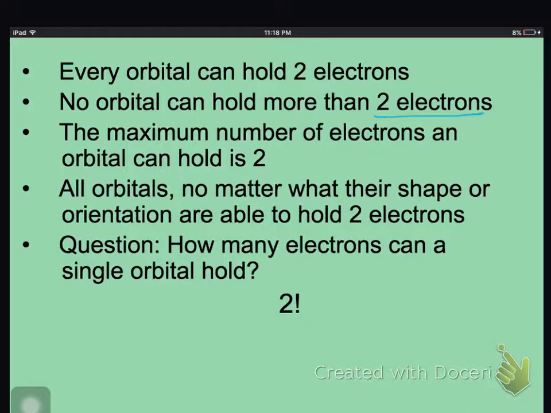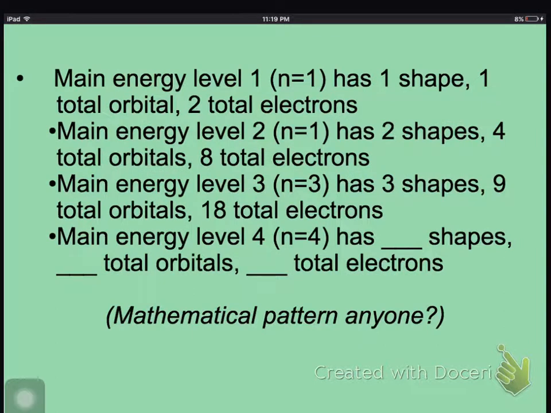The maximum number of electrons an orbital can hold is 2. All orbitals, no matter what they look like, no matter how weird they are, can hold 2 electrons. So, how many electrons can any single orbital hold? 2! Good job.